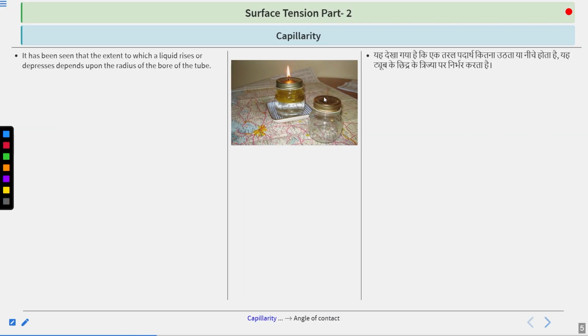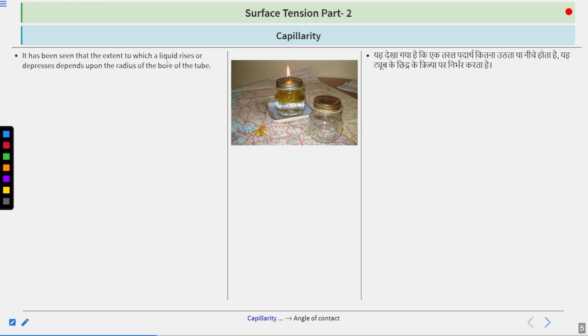It has been seen that the extent to which a liquid rises or depresses depends upon the radius of the bore of the tube. Generally I have seen people get confused here, assuming that the rise and fall of the liquid in the tube depends upon the radius of the bore of the tube.